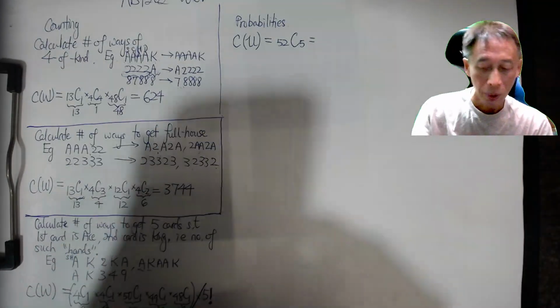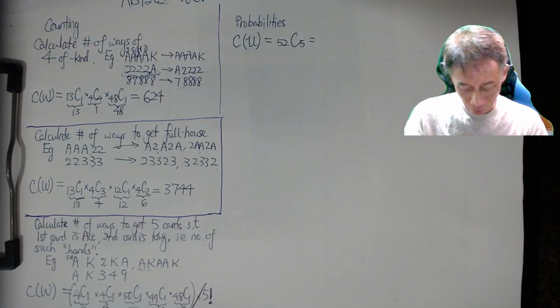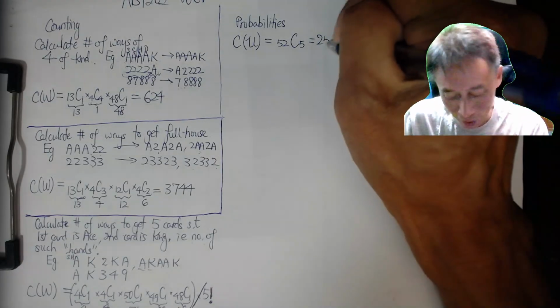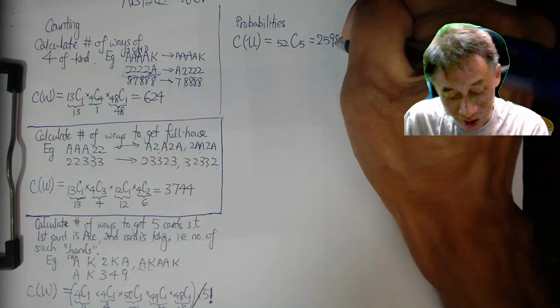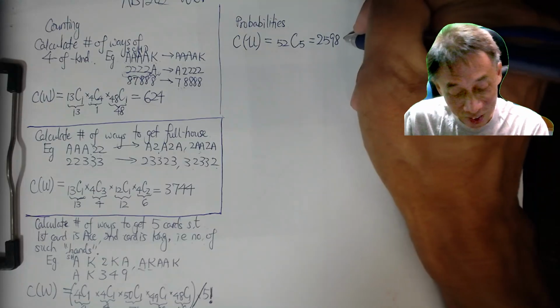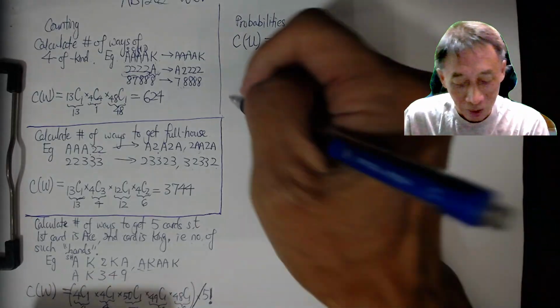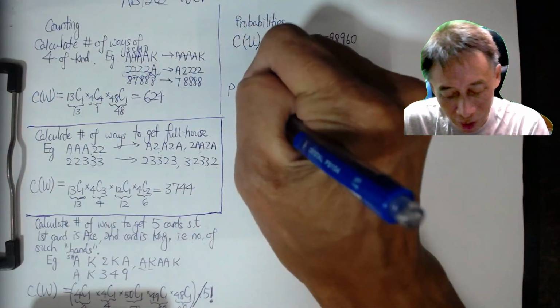So if we do that, then fortunately I have a little device here that actually works. I get 2,598,960. And our probability is just one division away.